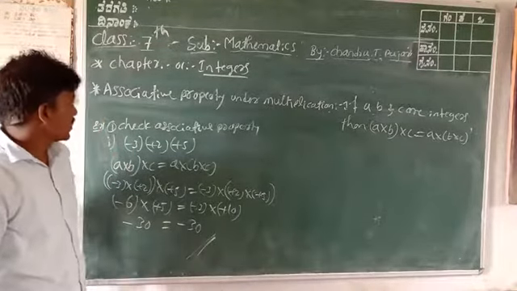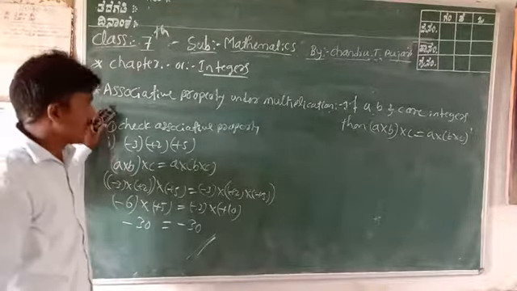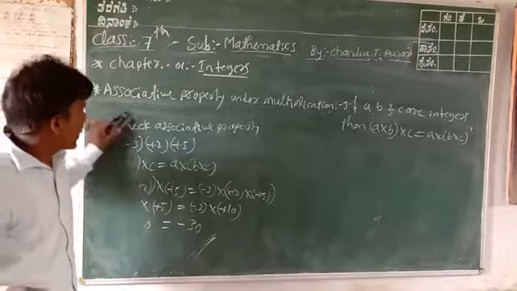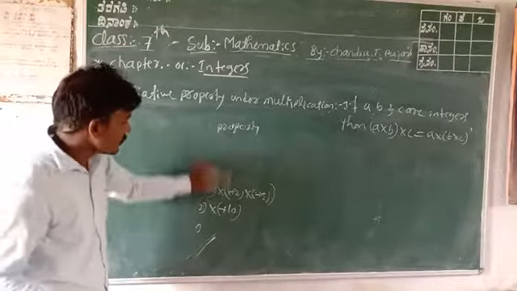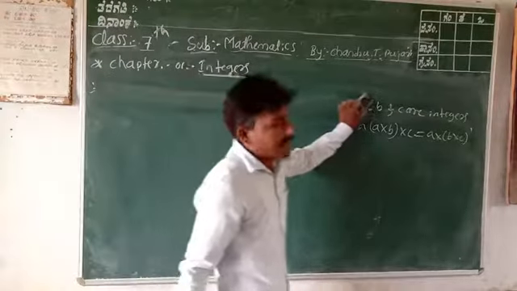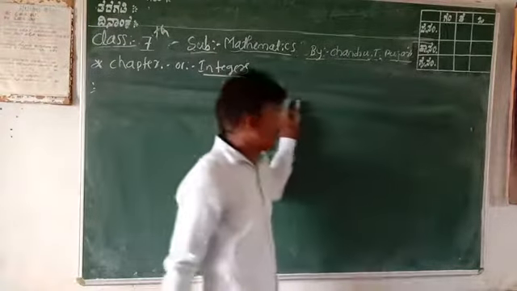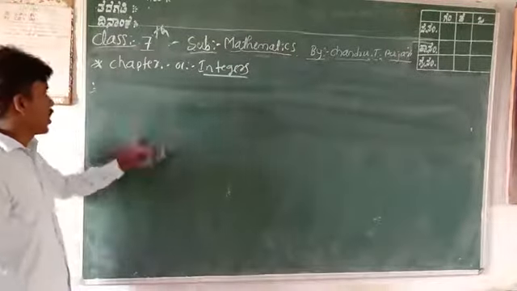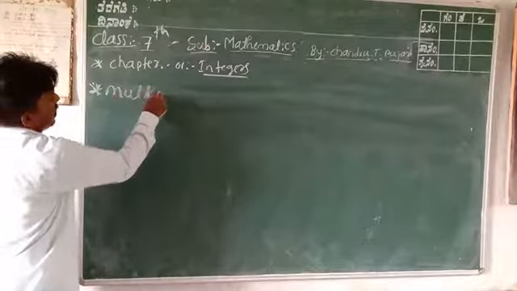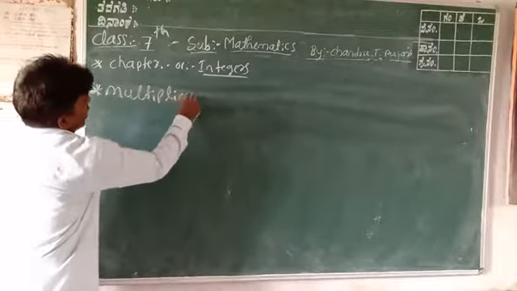Got it? This is our associative property. The next one, the last one, is multiplicative identity. You know about additive identity? Additive identity is 0, that is most important. Additive identity is 0. The next one is multiplicative identity.